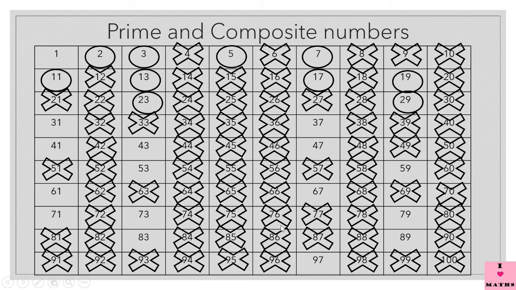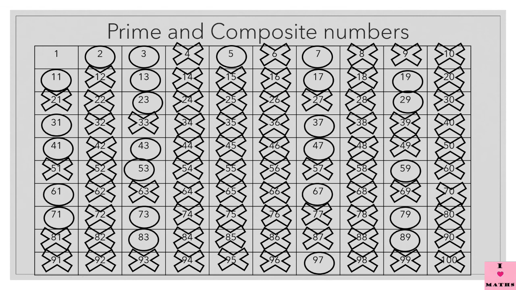So children, I am going to show you the next step, which is encircling these numbers. And one more thing which I want to tell you is that there are 25 prime numbers from 1 to 100. There are 25 prime numbers and there are 74 composite numbers.